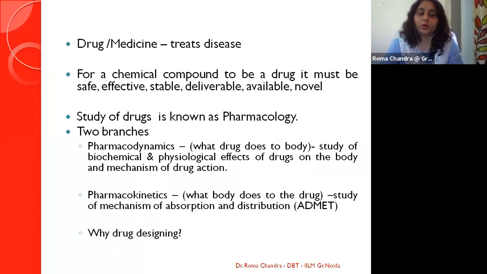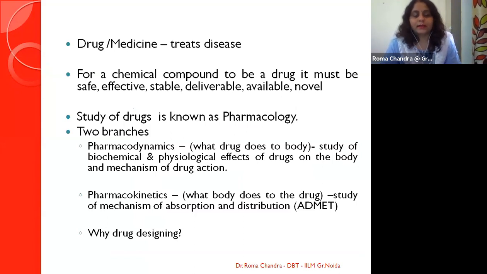But whenever you want to go with the construction of any drug molecule, we need to consider any chemical compound that we are extracting from any natural source. And it should have these features: it should be safe, effective, stable, deliverable, available, and novel.